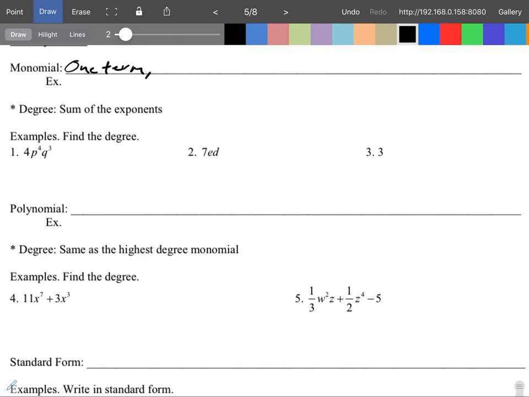And then that one term, it could be a number or it could be a variable. Or it could be the product of numbers and variables.